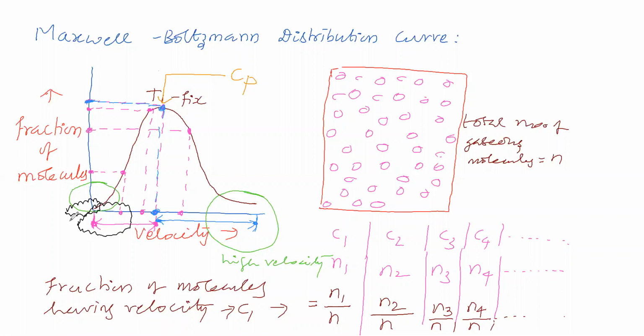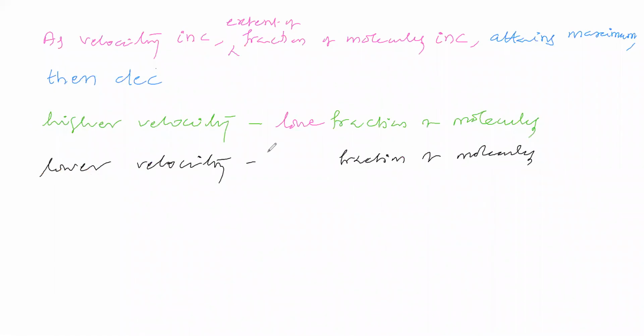That means a low fraction of molecules. Okay, so we got a Maxwell-Boltzmann distribution curve. Next we will see.